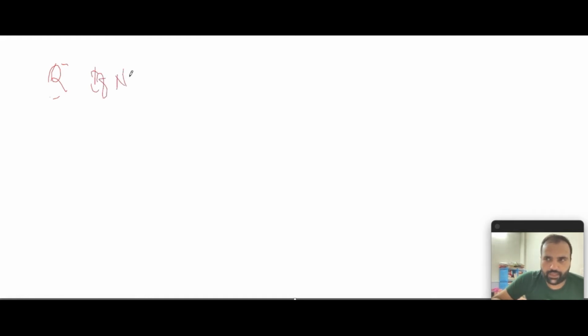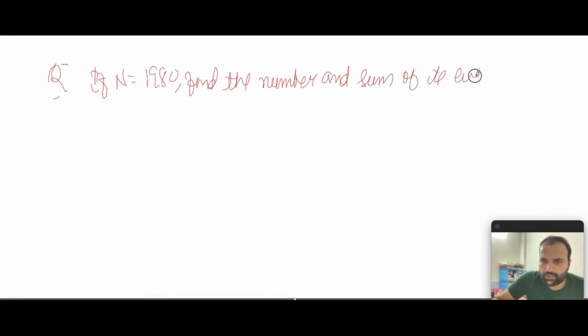So what we can do again, let's say if n equals 1980, find the number and sum of its even factors.